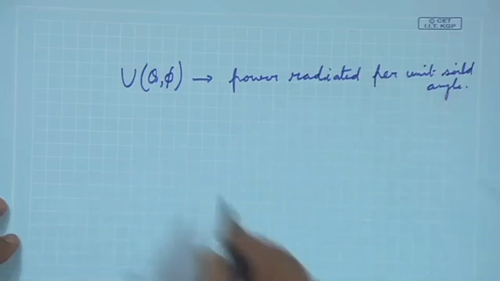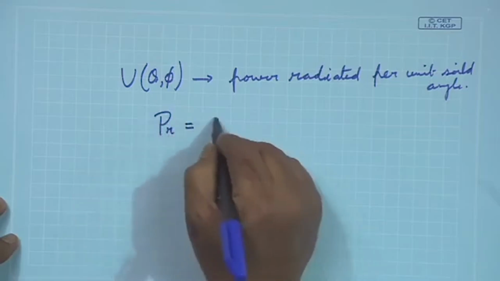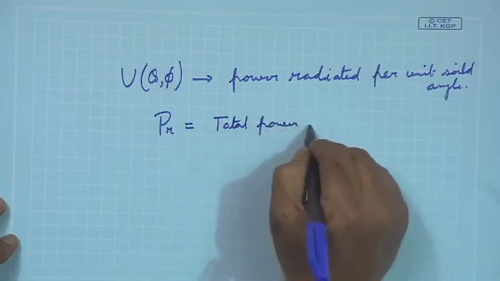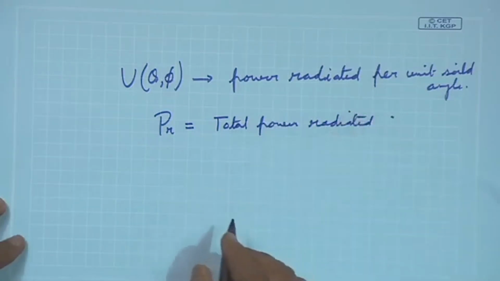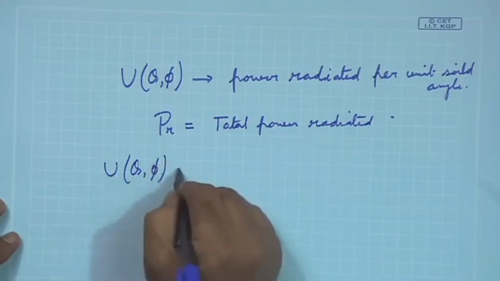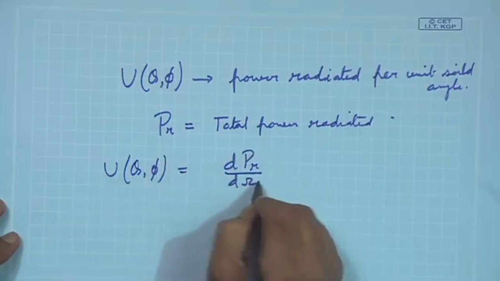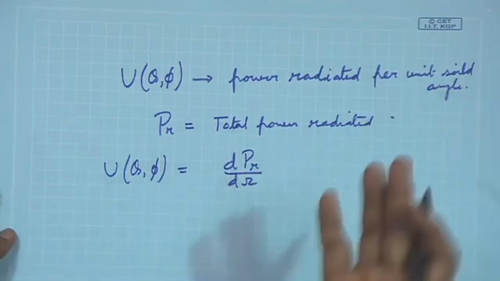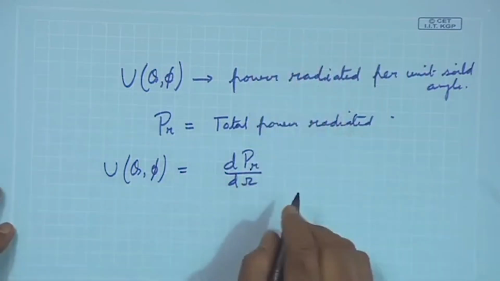And already we know that PR is the total power radiated by the antenna. Now, u theta phi, that I can call that instantaneously, it is basically at every solid angle what is the dPr d omega, that is the radiation intensity.